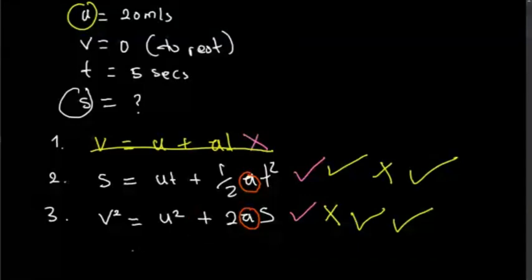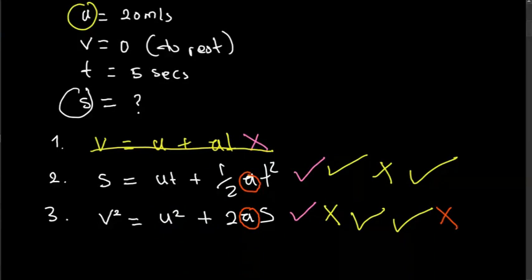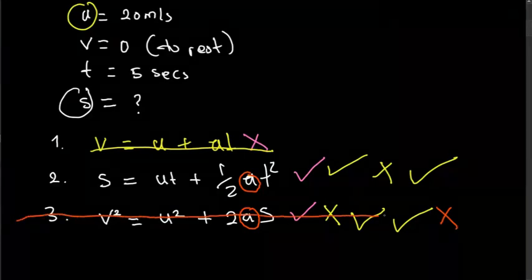So this is a double red flag, which means we cannot use equation 3. All we have to do now is find a way to find acceleration. From the parameters we have here, how can we find acceleration? We can find acceleration using equation 1.